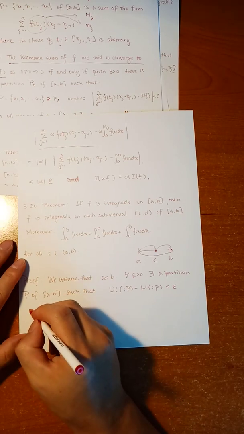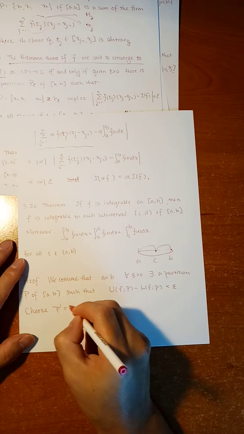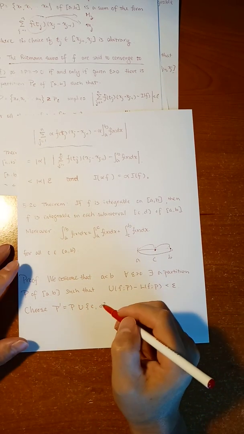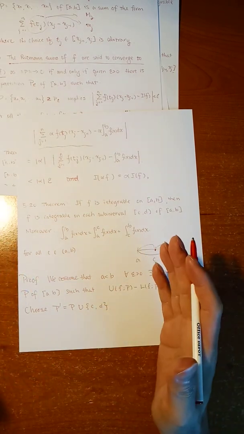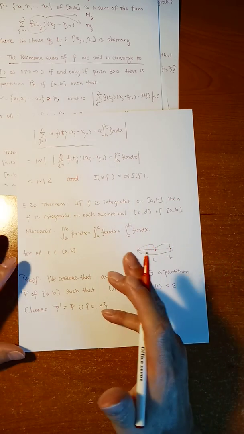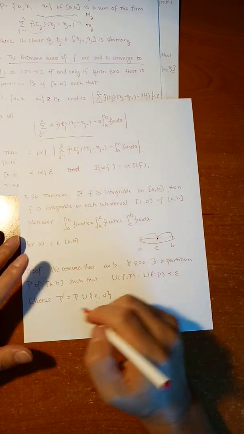Then let's see. We choose P prime to be P union {c, d}. If P already contains c and d, then you do not include any more points. If it does not contain c and d, you just join c and d to the partition.